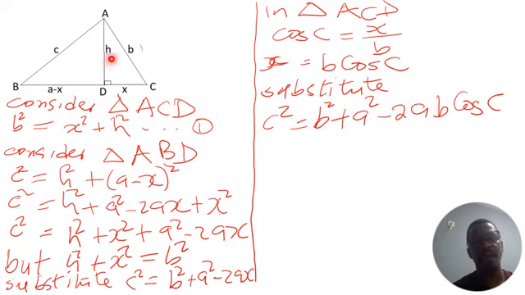If you disregard the rest, you have bc which is a, ba which is c, ac which is b, and you can have angle c.